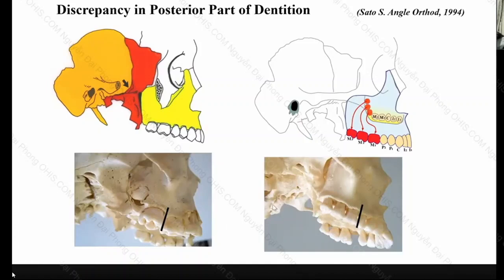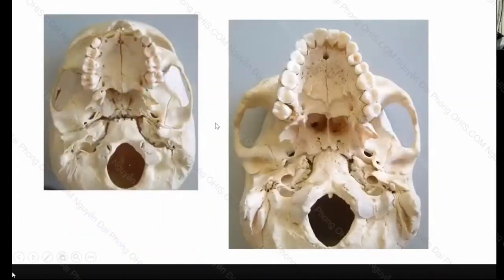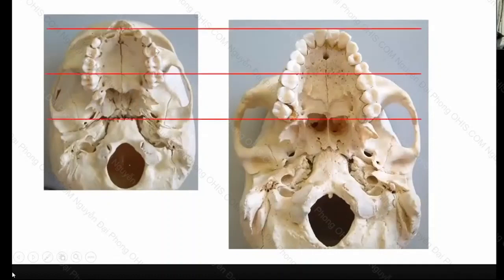If we compare the 5, 6 years old skull here and the full eruption of the teeth stage, the anterior part of dentition and posterior part of dentition are almost the same dimension.